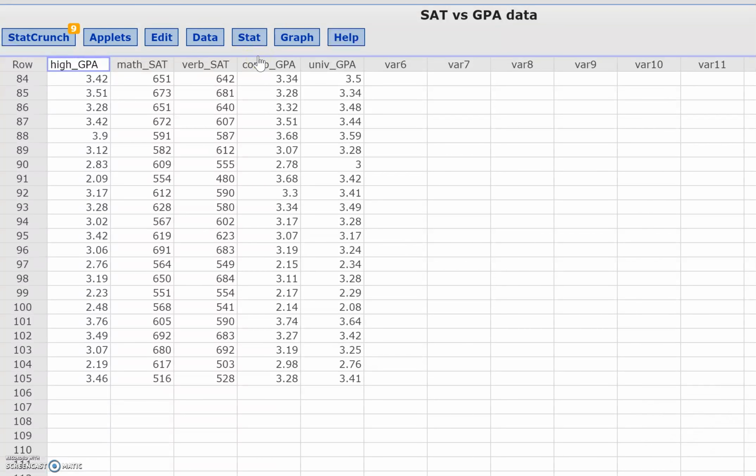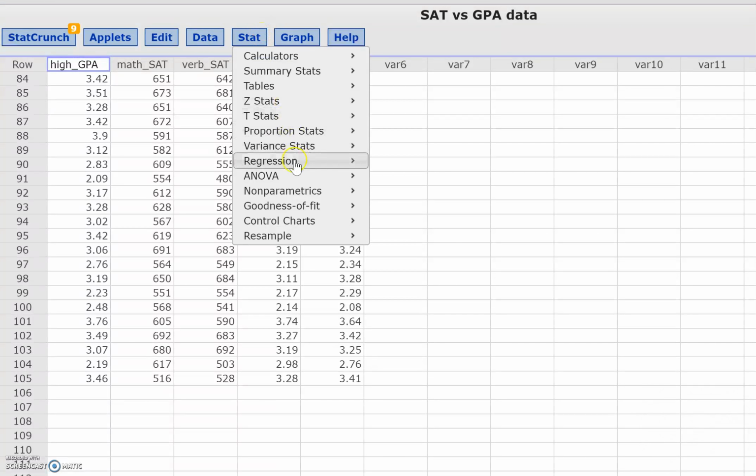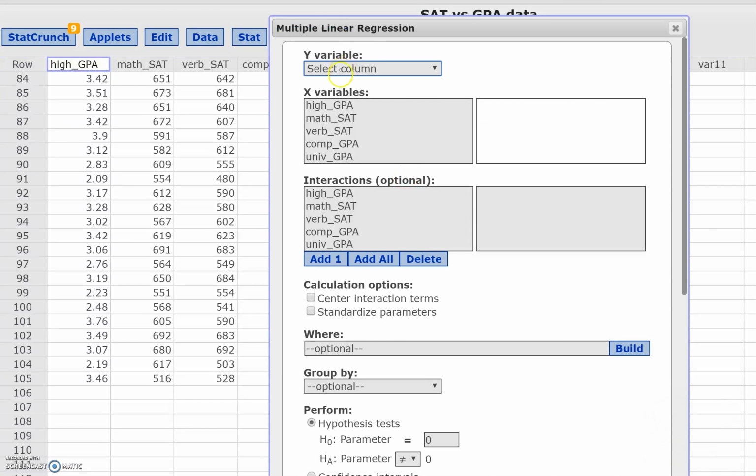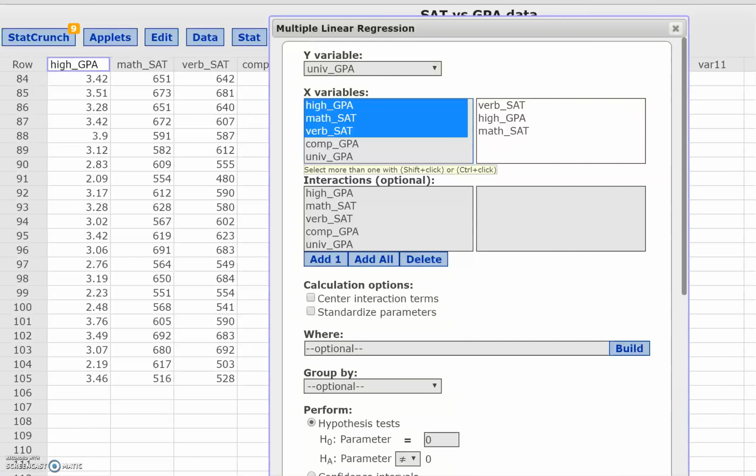This does not mean this is the only thing you can do. We could also have done a multiple linear regression where we say, okay, I realize that all three of these things could influence your university GPA. So let's put them all into our model and see what happens.